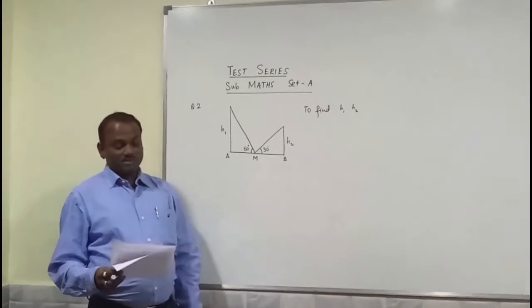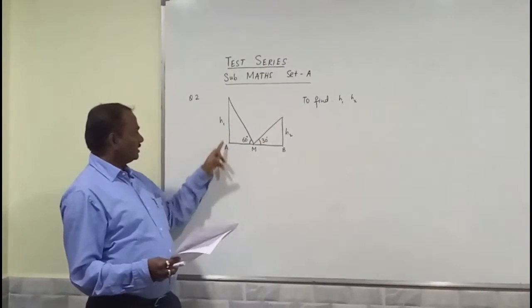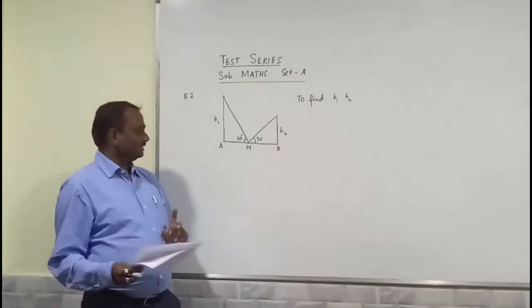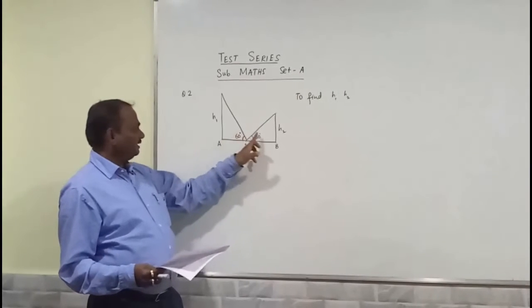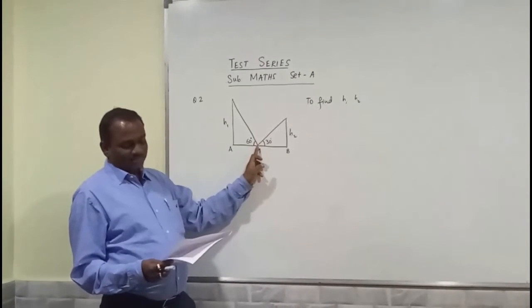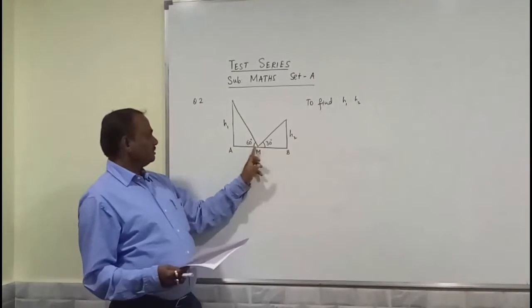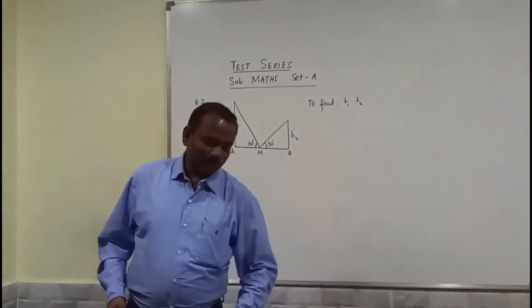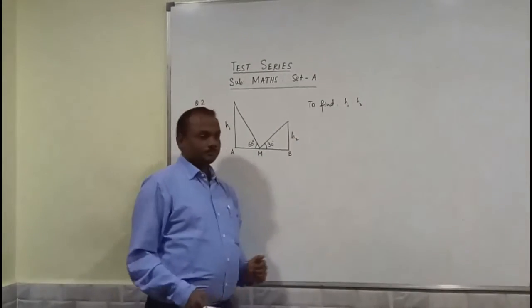Now I'll read the question once again. Two towers of height h1 and h2 subtend angles 60 degree and 30 degree. Here you can see 60 degree and 30 degree, where M is the midpoint of the line segment joining their feet. So M is the midpoint of AB, and we have been told to find h1 is to h2, as you can see over here.